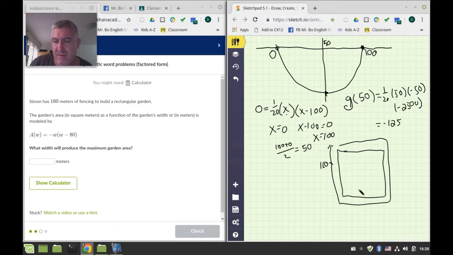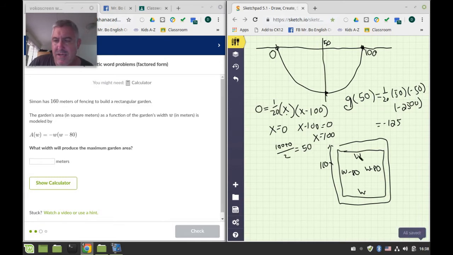And if I have some width here and width here, then I know that these two sides are equal, so this is going to be 80 minus W, but they've done it a little bit differently here. And over here is also W minus 80.